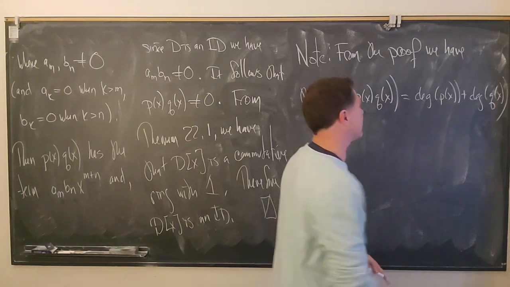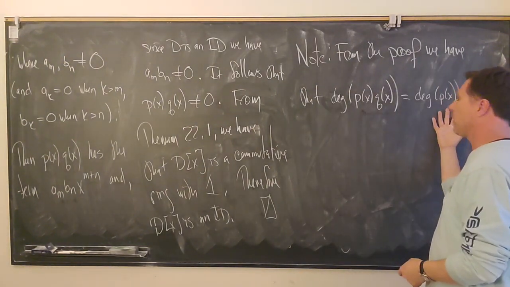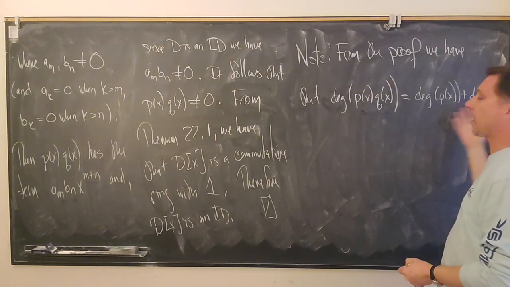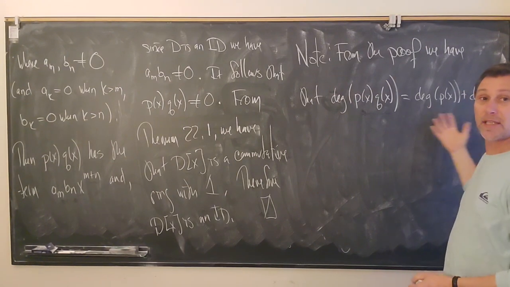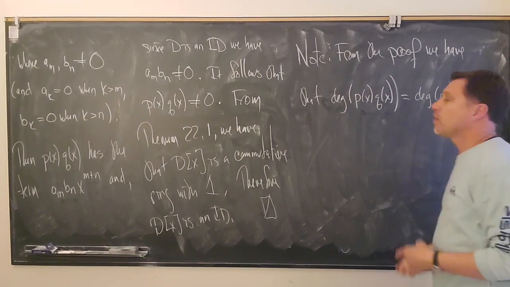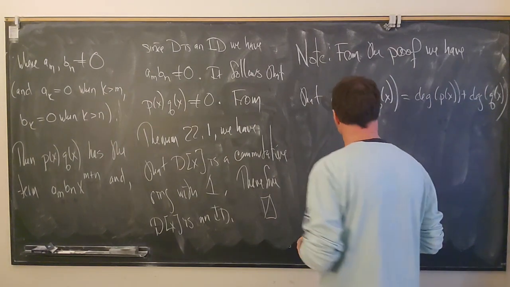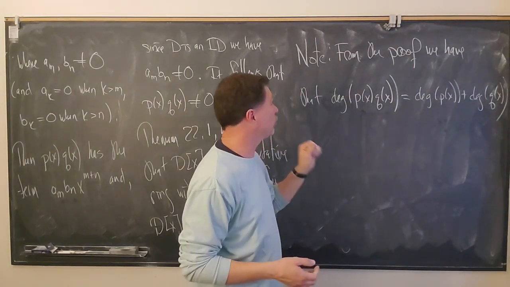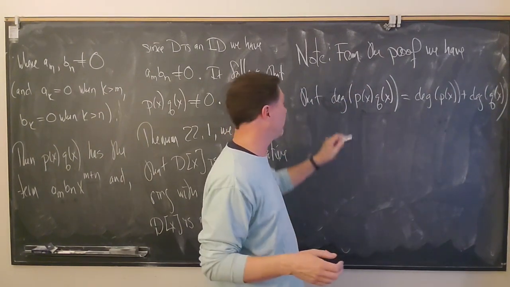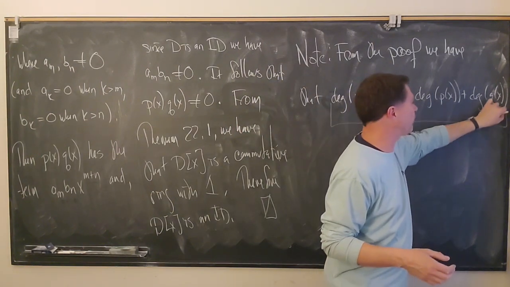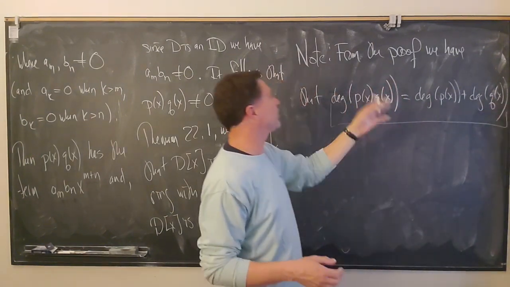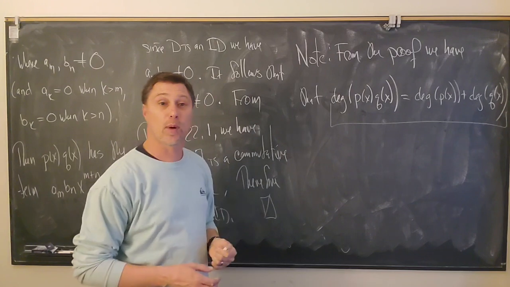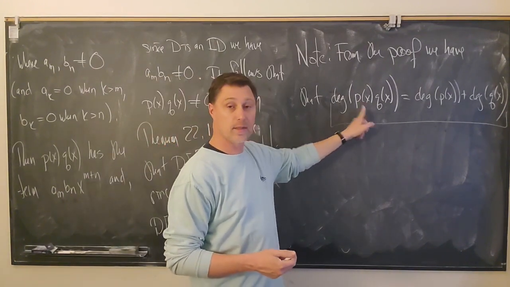And so what we'll get is negative infinity plus some finite number, and so it actually works out to be minus infinity over here also. So the reason, in part, that we choose the degree of the zero polynomial to be negative infinity is that this forces or allows this formula to be true for all possible polynomials, including when one of these is the zero polynomial.